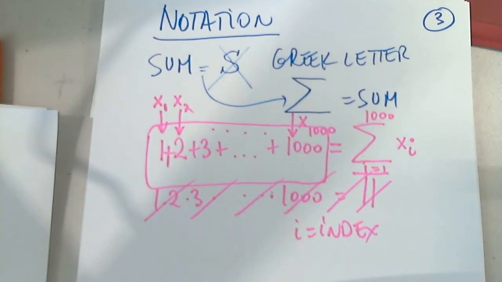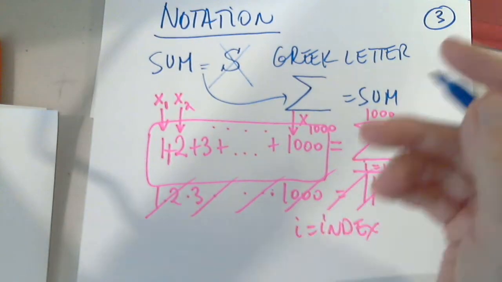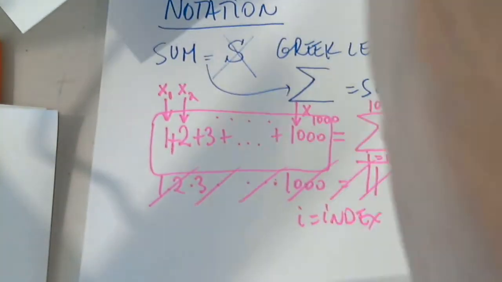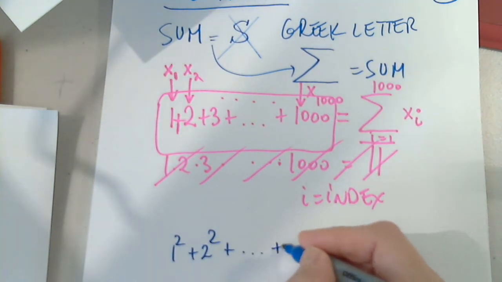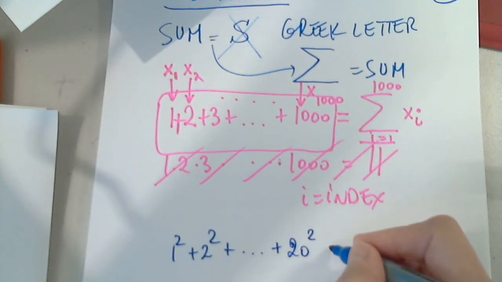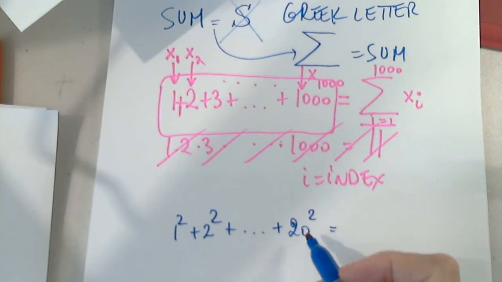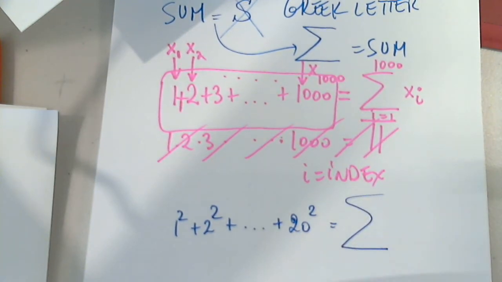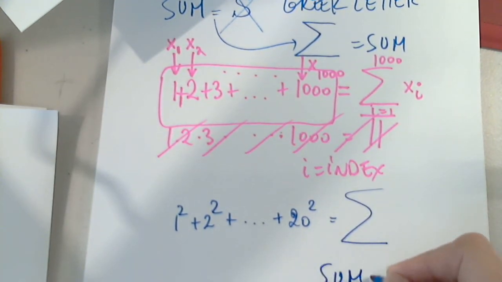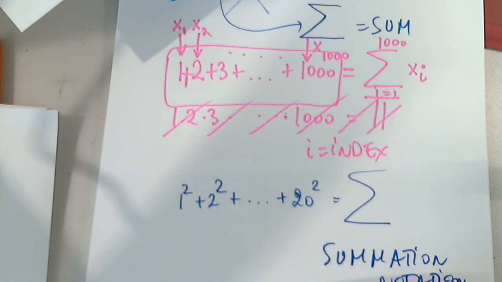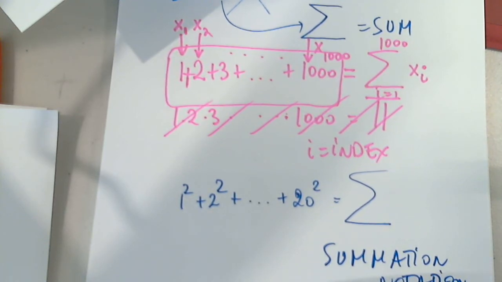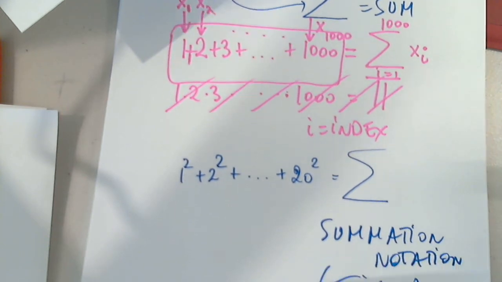Maybe it's a little bit squeezed in there, so let me give another example. Let's say we have 1 squared plus 2 squared plus ... plus, let's say, 20 squared. It's a sum of terms. So I'm going to write the summation notation, also called sigma notation. It's up to you, summation notation or sigma notation.